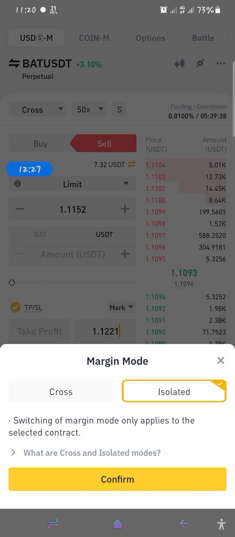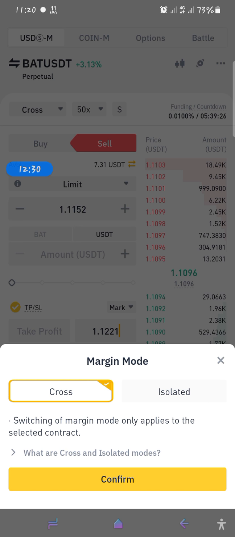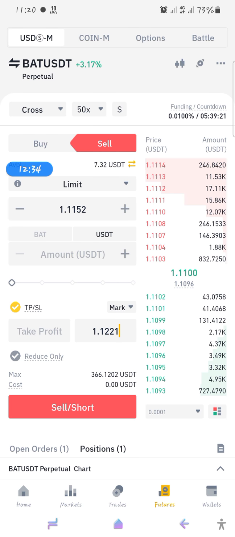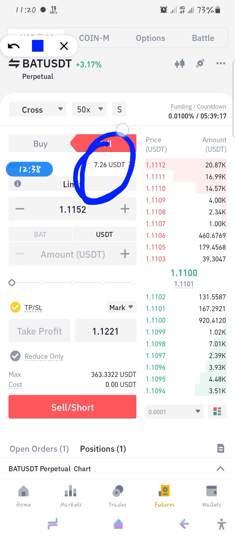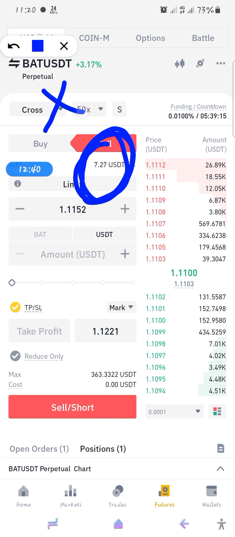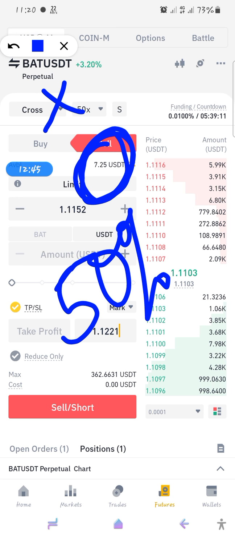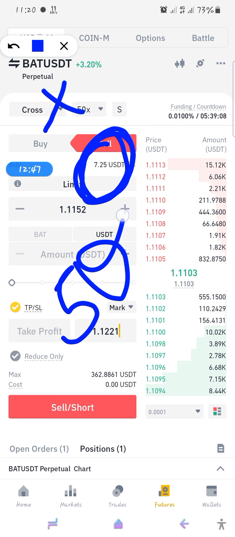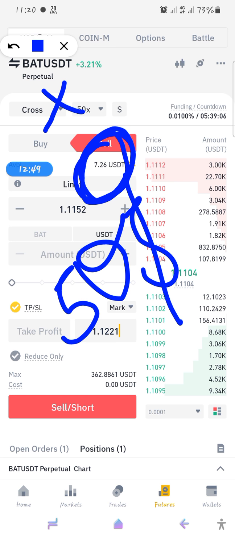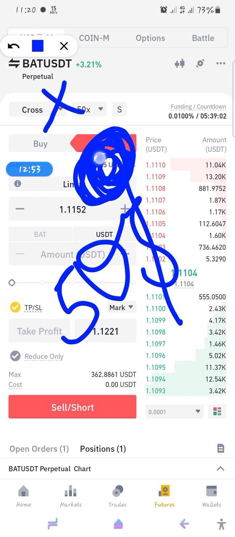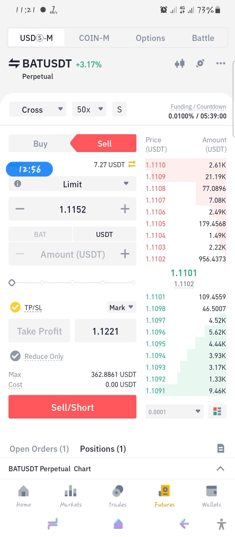But once you are on cross, it means if you are risking $1, you are actually risking the whole wallet, because it is cross. If you are risking $50, it does not actually mean you are risking $50. It means you are risking the whole amount in your wallet. You understand what I'm talking about? That's why I use cross.